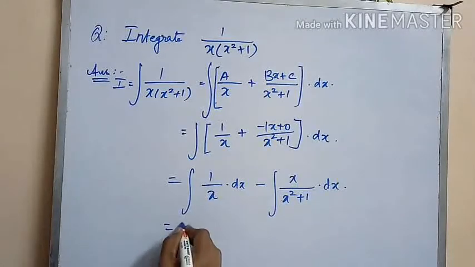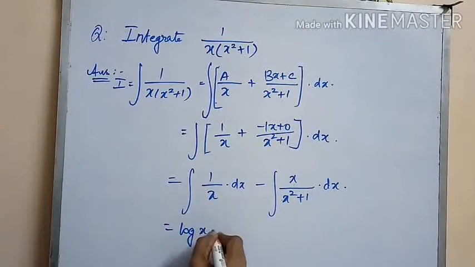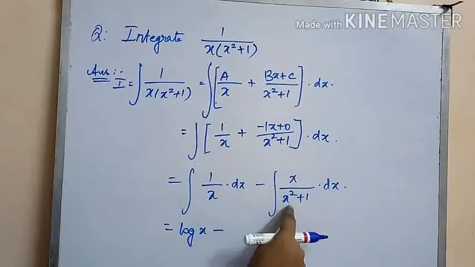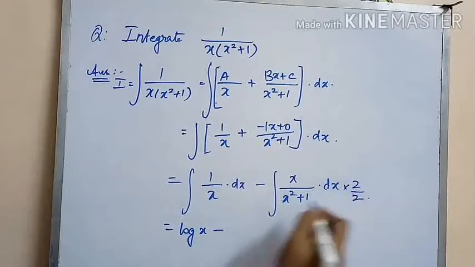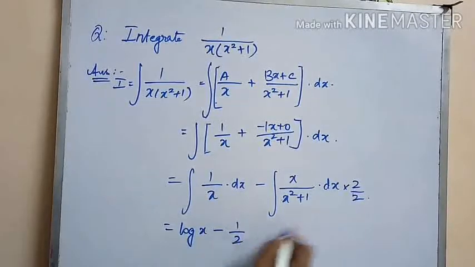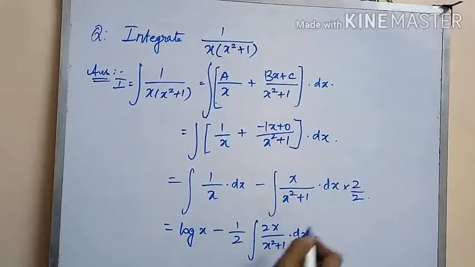The first part will become log of mod x minus, here we have to multiply and divide it by 2 in order to integrate. So half can be brought out and 2 in the numerator will get multiplied with x, and 2x by x squared plus 1 into dx.